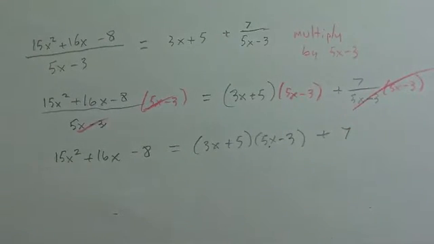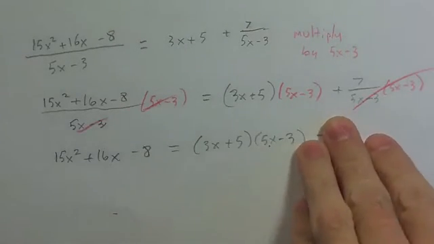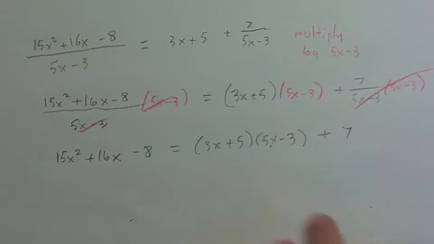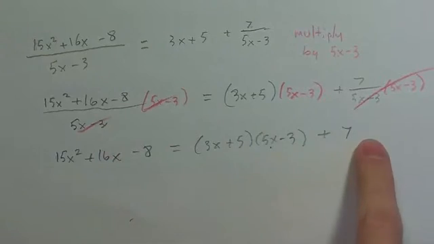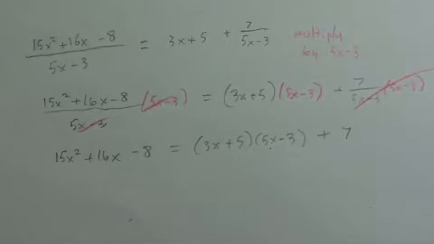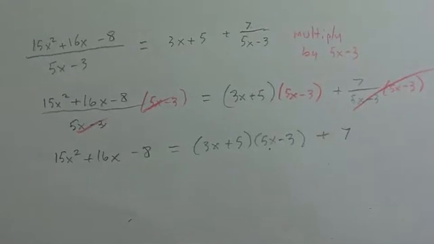So what division allows us to do, if we don't know how to factor something but suspect that we have a particular root, or we have something that might give us a remainder 0, we can use long division to give us a factored form of it. If we do have a remainder, we just end up with a plus 7. We could maybe move that around and do some stuff if we needed to. But let's see what happens when we actually have a remainder of 0.